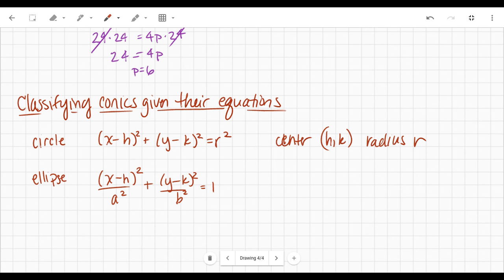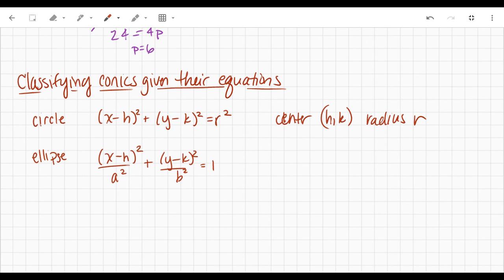So it would be something like that, where the center is at h, k, and you move up and down... oops, I'm sorry, we would move up or down b, I'll erase that, and left and right a.